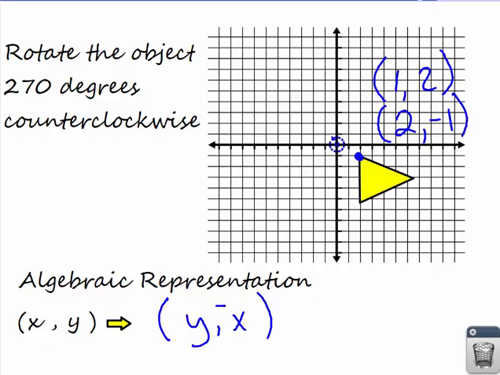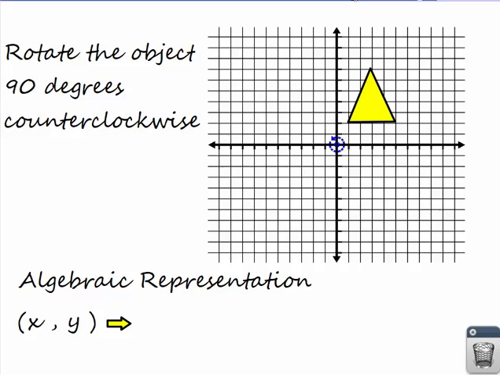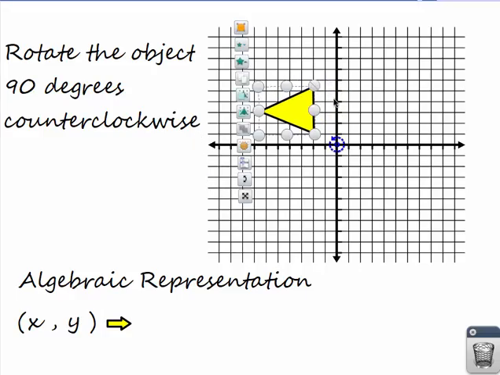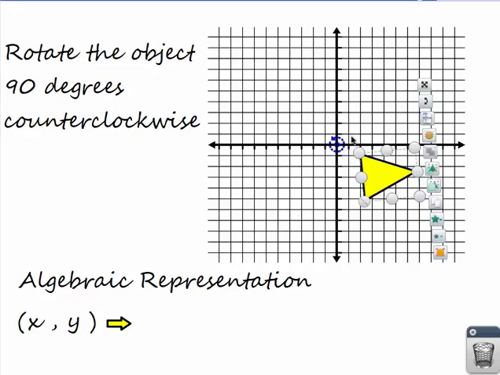Now, the thing I talked about in class the other day, a quick way to remember this, was to always think about your figure being in quadrant 1. If I rotate this object counterclockwise over the y-axis, the y changes. If I rotate this object 90 degrees clockwise, then it rotates over the x-axis, so the x is what changes.